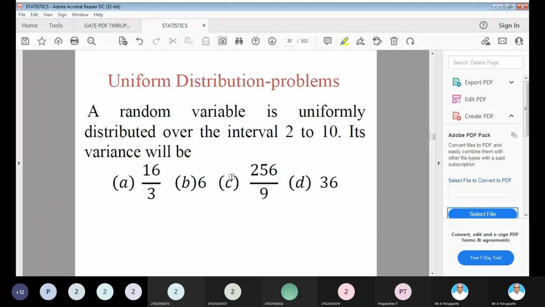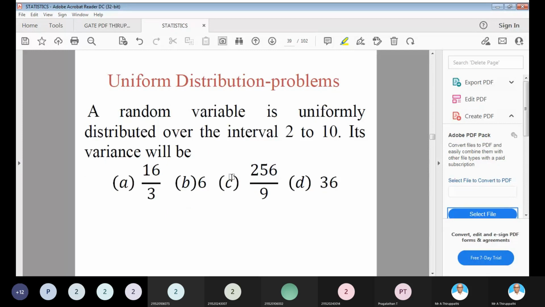Now, a random variable is uniformly distributed in the interval 2 to 10. What's the formula for variance? Variance is (b minus a) the whole square by 12. 10 minus 2 equal to 8, 8 square is 64, divided by 12.